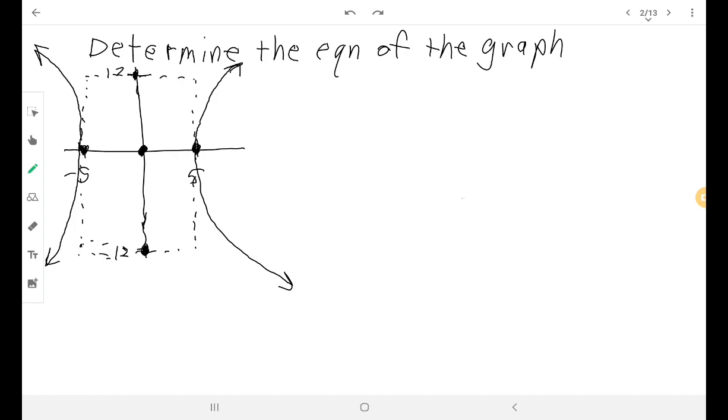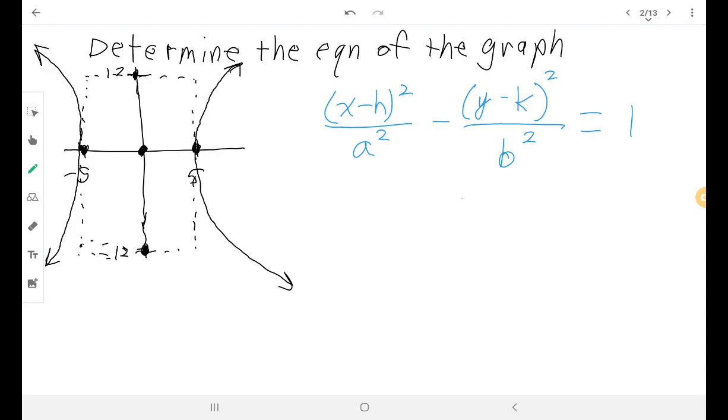our standard equation, not our general, but our standard equation for a hyperbola looks either like this: x minus h squared over a squared minus y minus k squared over b squared equals 1. And that gives us the type of hyperbola that we're looking at now, that shape right there.